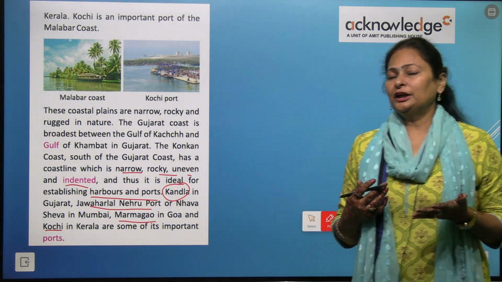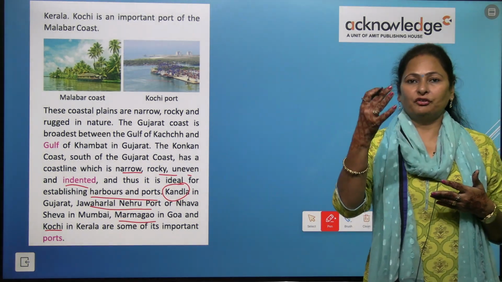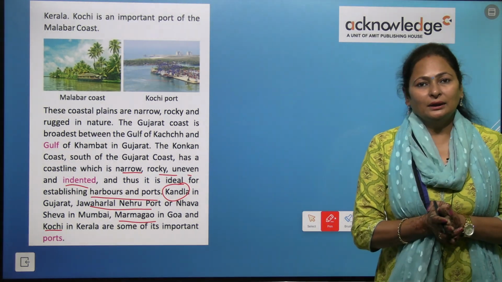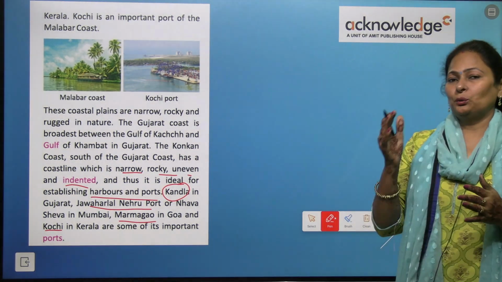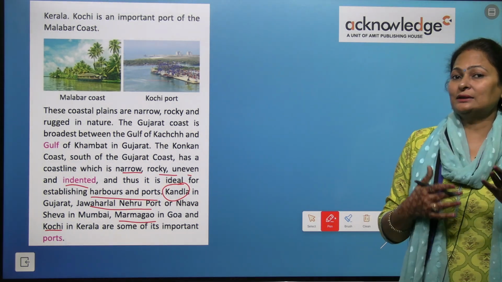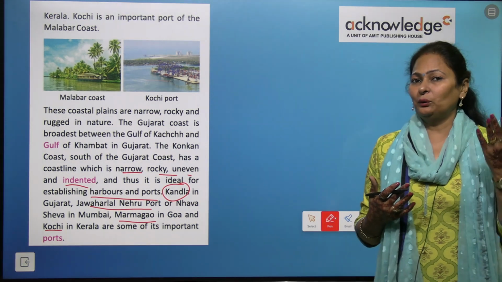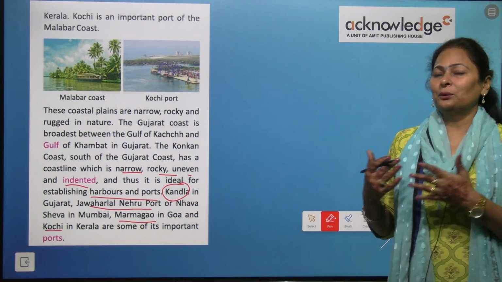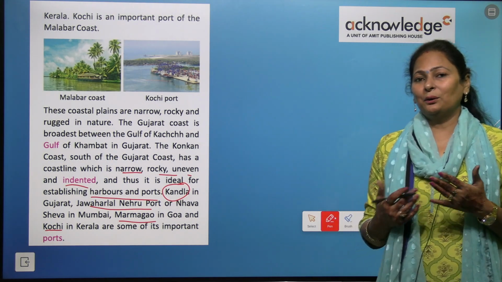So you should know the important ports of the western coastline, because we are learning about the coastline of India. So it is divided into two, western and eastern. So the western coastline is again divided into three. First is Gujarat coast, then Konkan coast, and then Malabar coast.